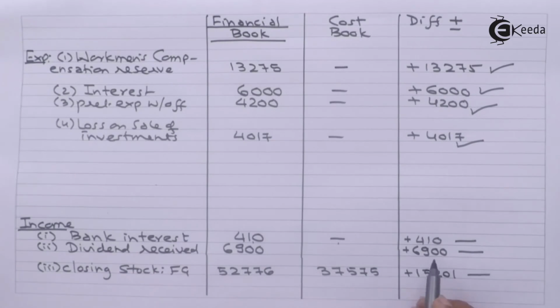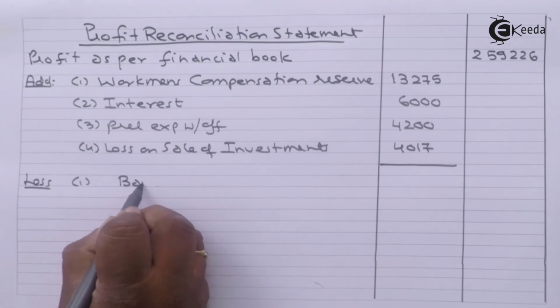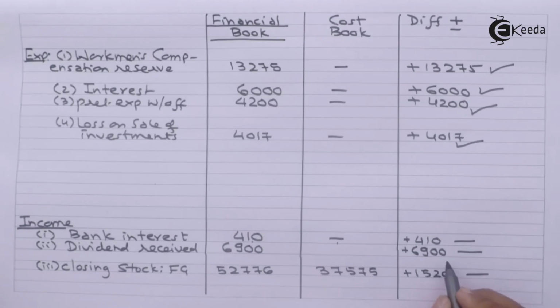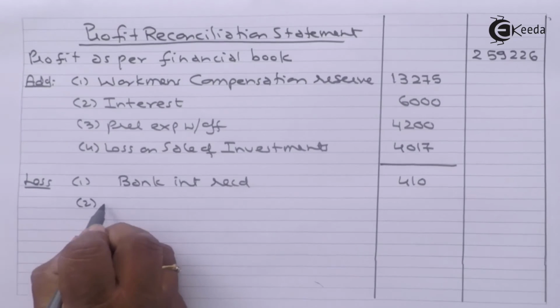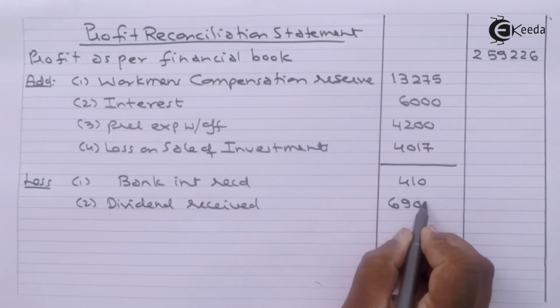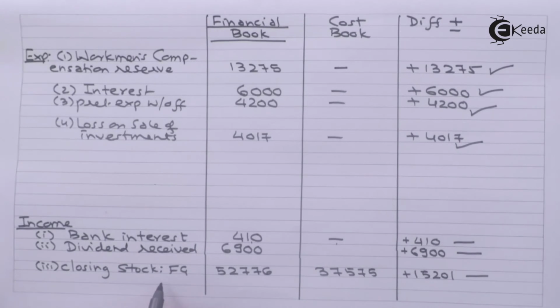Bank interest received 410. Dividend received 6,900. Closing stock of finished goods 15,201.